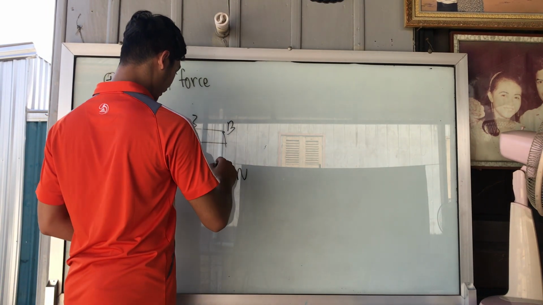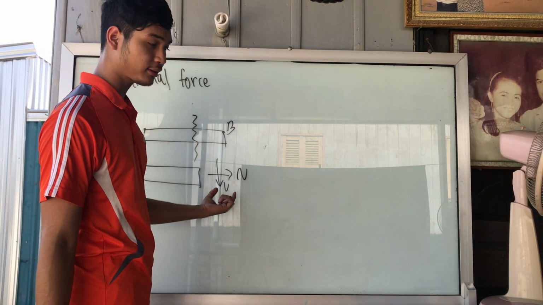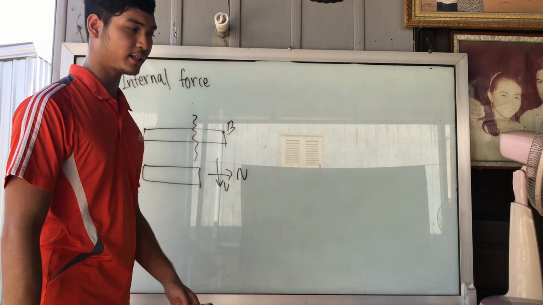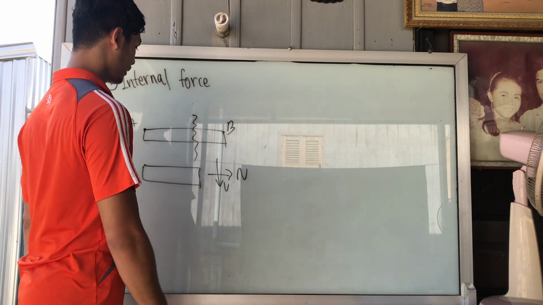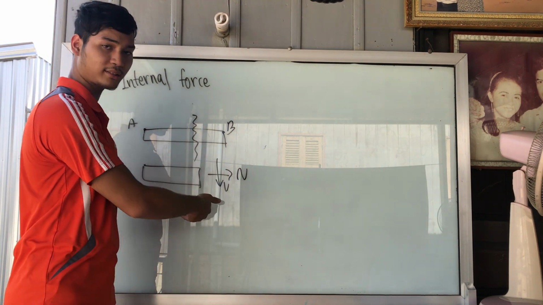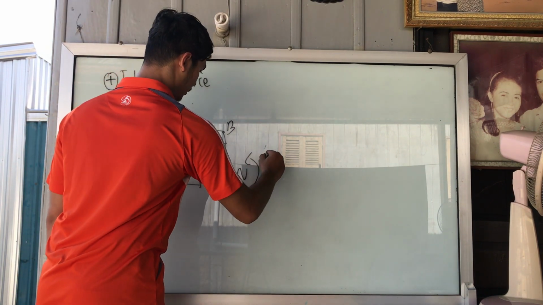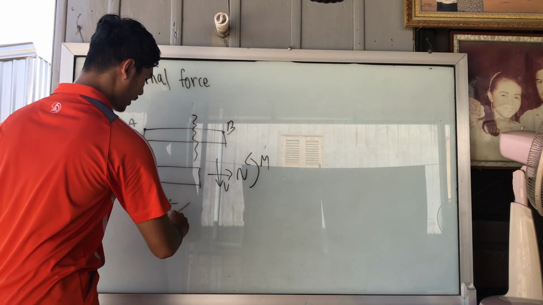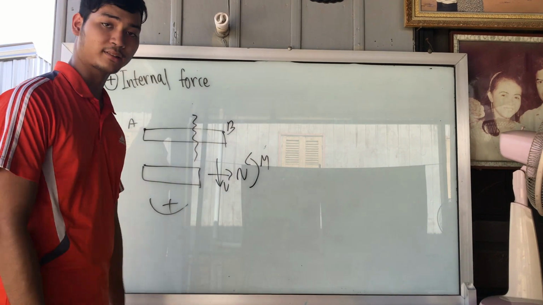And then shear force that makes the beam turn in a clockwise direction. We denote it in a positive direction. And the moment, if it bends the beam this way, like a smile face, it will be positive.